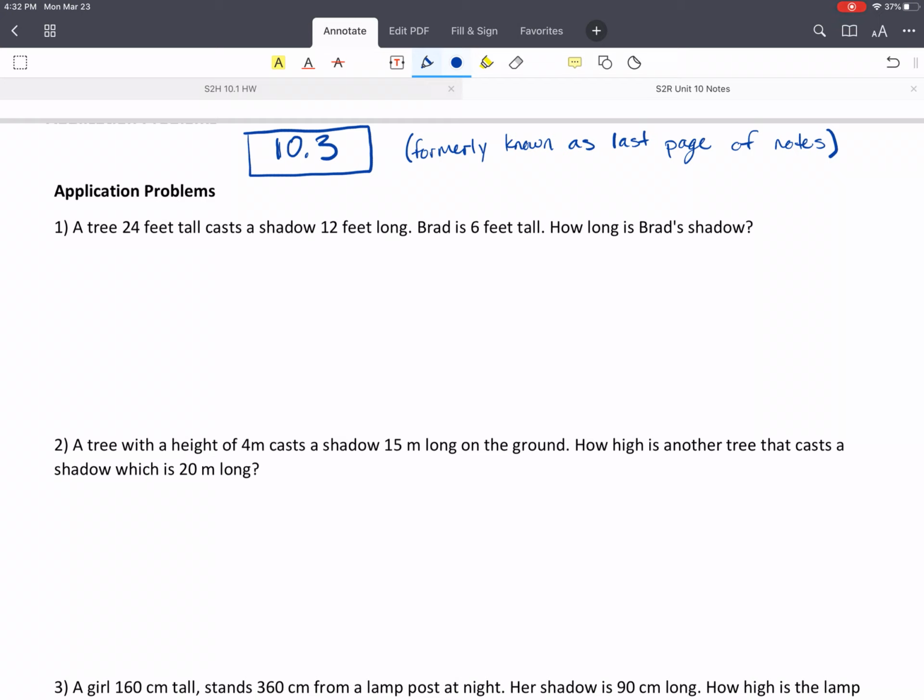And so we changed it to actually just be the word problems, which you were going to see later in 10.5. We moved the word problems here. Now that is all of 10.3. So if you look on my screen, I wrote 10.3, formerly known as the last page of the notes. So that way, if you printed off the notes, you still have these examples. They're just on the very last page of the notes.